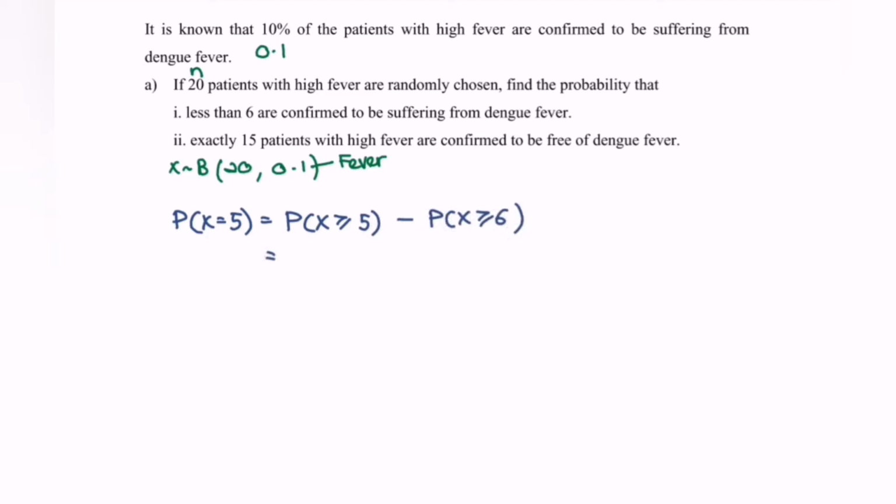By referring to the table, here we have 0.0432 minus, for the situation x greater than or equal to 6, 0.0113. So the probability that x equals 5 suffering the fever is equal to 0.0319.